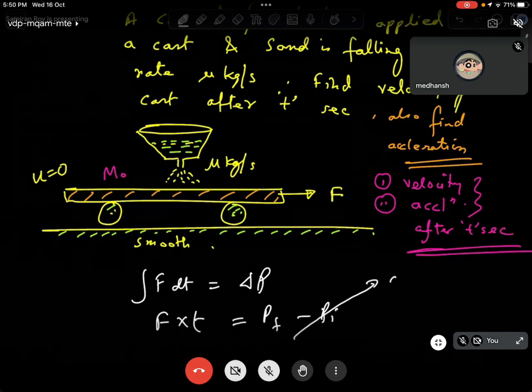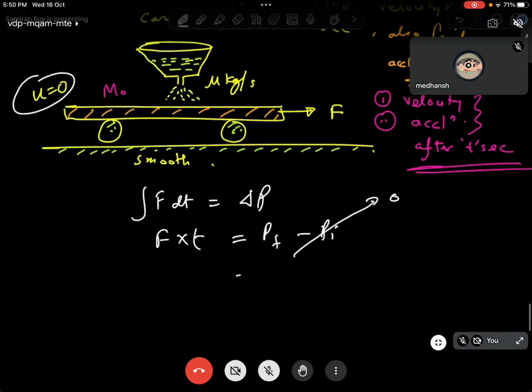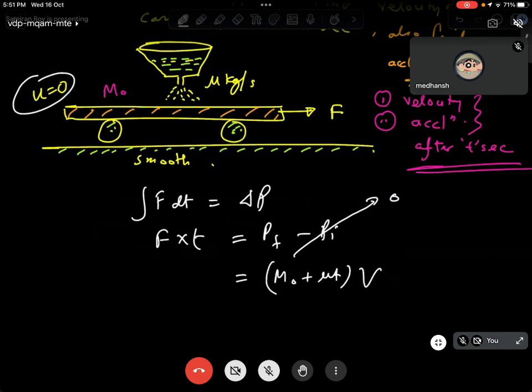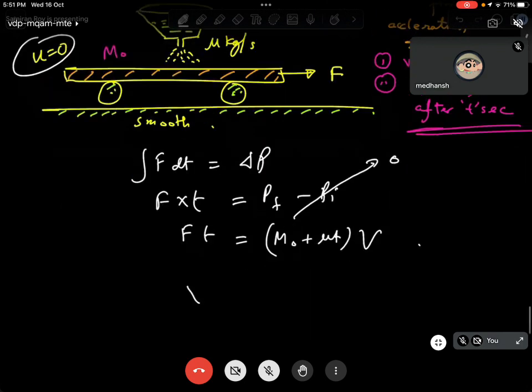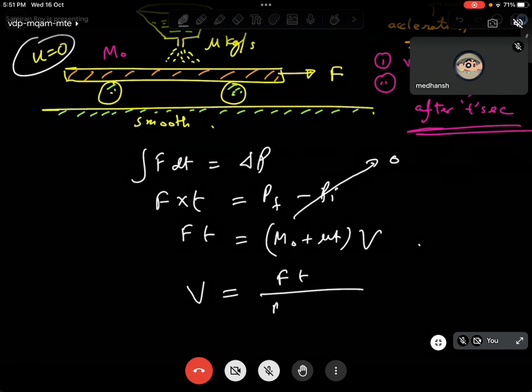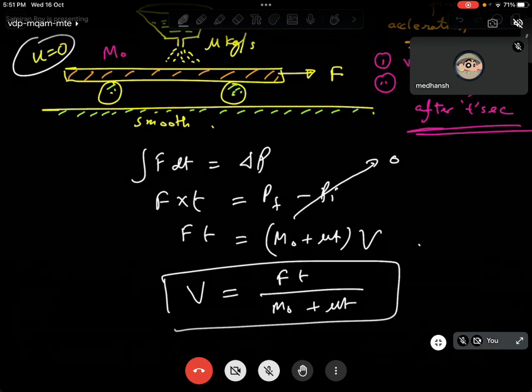See, that's why I have given you 0. It's very easy then. P final is what? P final is mass into velocity. Mass is m naught plus mu t into velocity v, equals F into t. So V is what? Ft divided by m naught plus mu t. Clear?